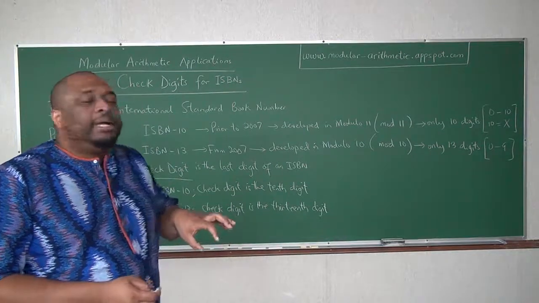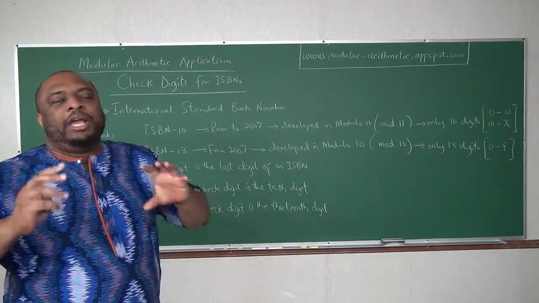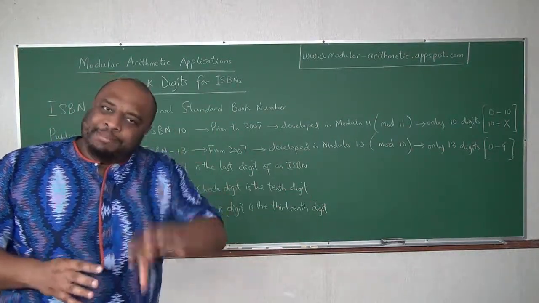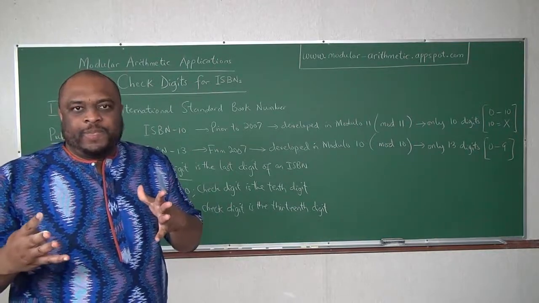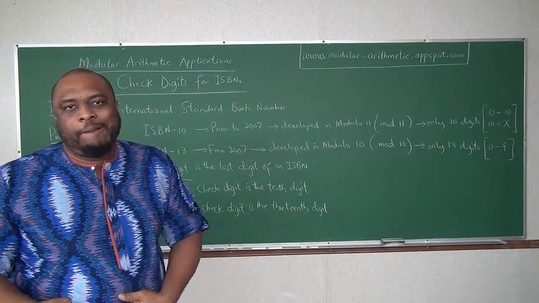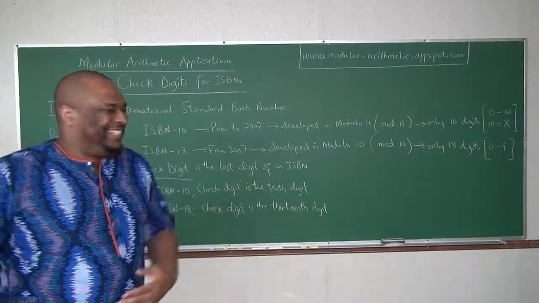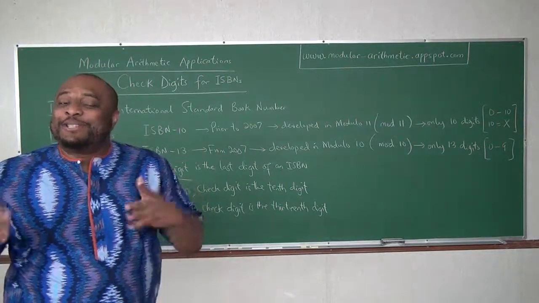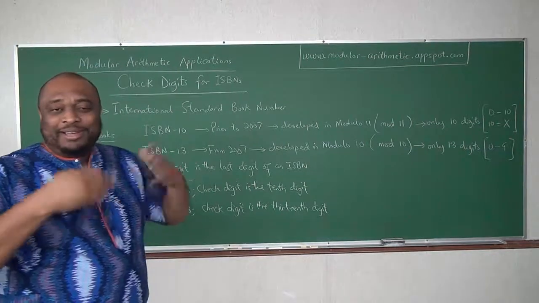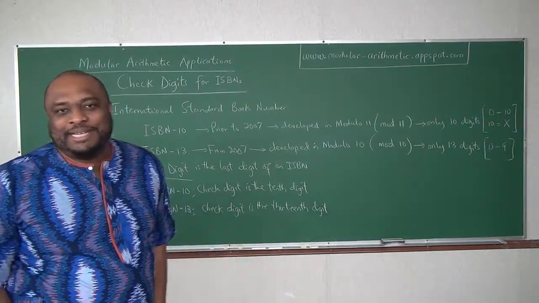Number 4, the check digit is also used to convert from an ISBN-13 to an ISBN-10. So these are some of the uses of the check digit. Now, I think I've explained this. So now let's go to calculations. We can't just hear all this theory without doing some calculations. I mean, this is mathematics, come on.